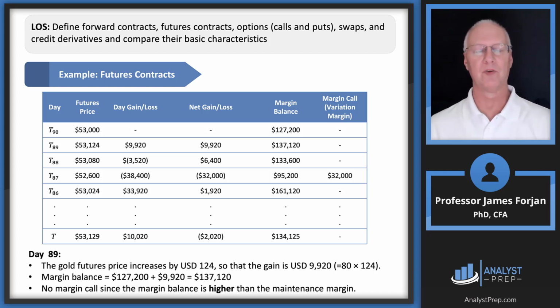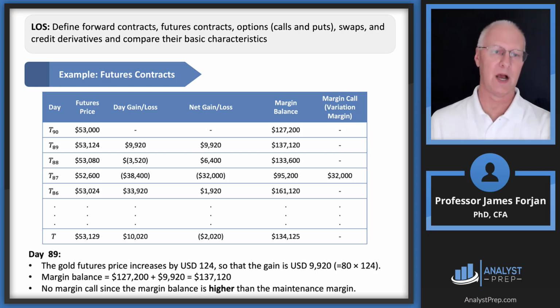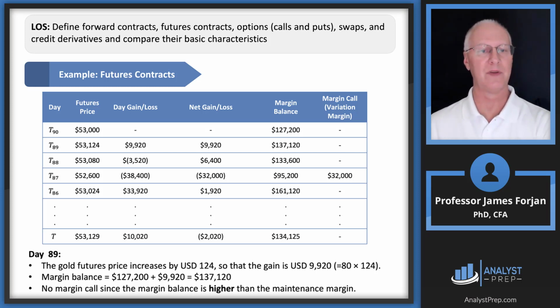All right, so what happens on day T88? 88 days left. So the price was 53,124 yesterday, right? T89. Today, T88, it's 53,080. Oh, wait a minute. This is not good news. Now, the price hasn't fallen all the way to 53,000, only to 53,080, which means we lost some of the money that we won yesterday.